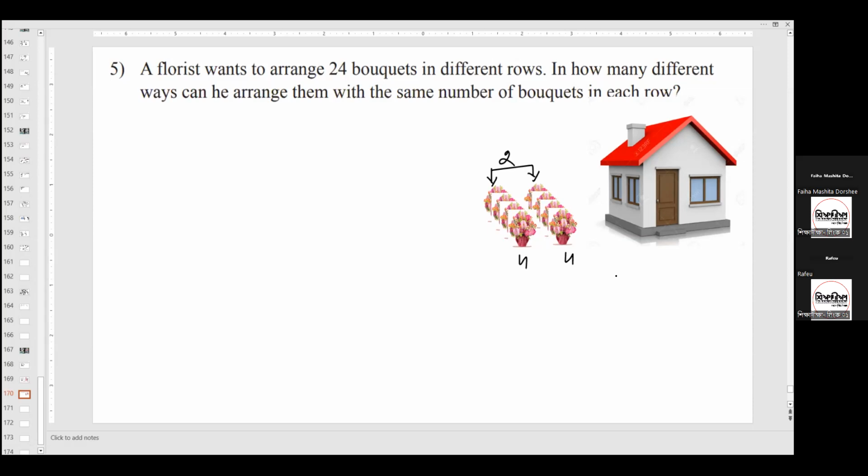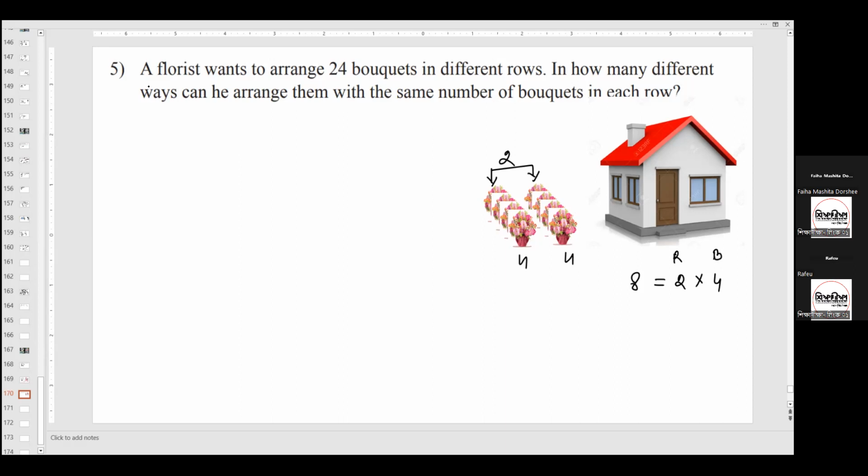So if I arrange them in 2 rows, then in each row I have 4 bouquets, right? So these are row numbers. This is the bouquet number in each row. In other cases, we can call it column number, but I'm not going to talk about the column ideas.